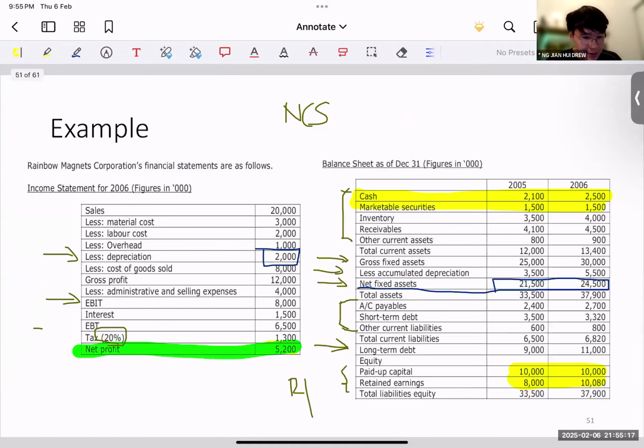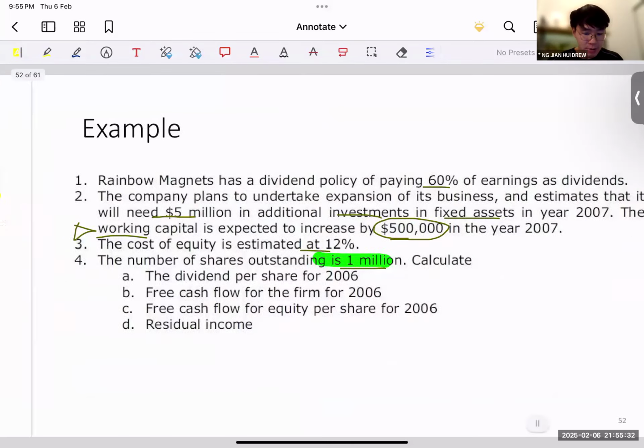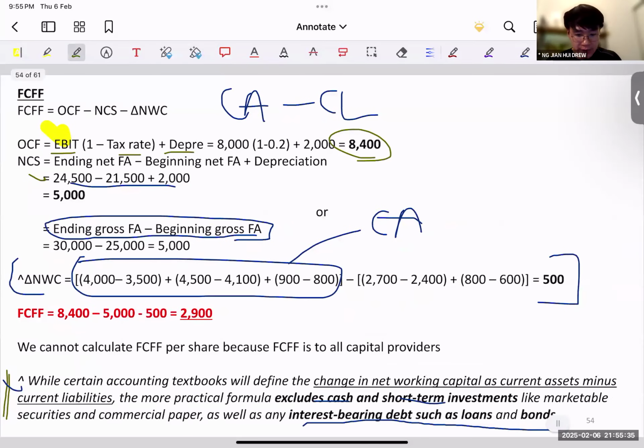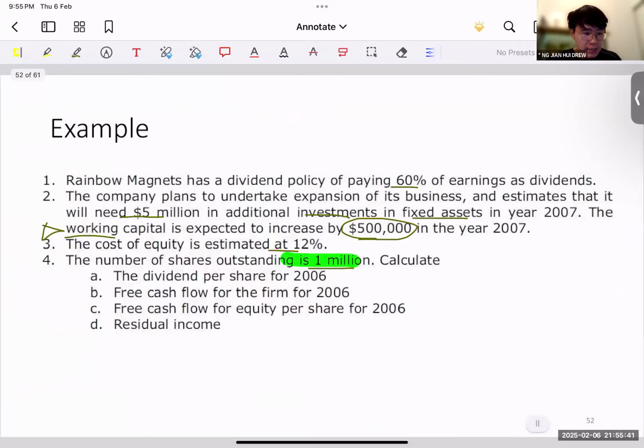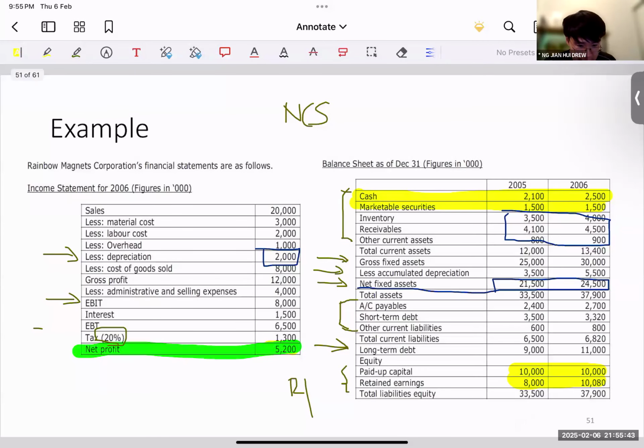Which is given by this chunk of things here. Inventory, receivables, and other current assets. Then what about our CL? So let's look at our CL here. Now let's go to CL. So this is our CL. So our CL is given by what? Our CL is given by this one. Sorry.